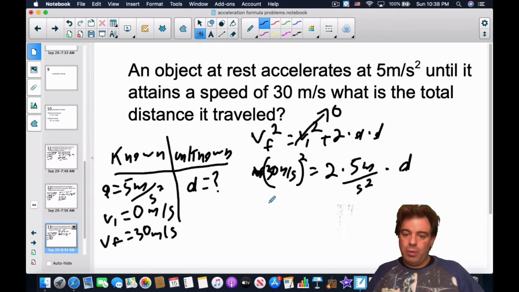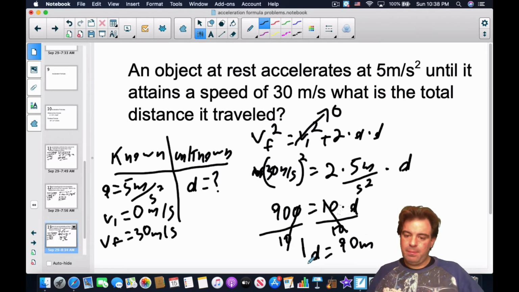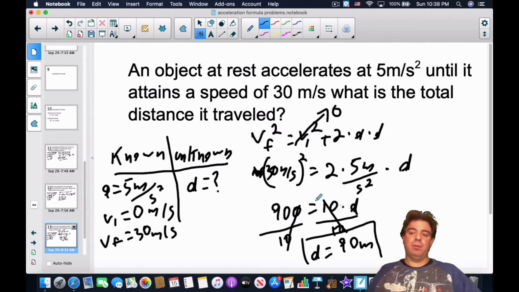So 30 squared, everybody would agree, is 900, and 2 times 5 is going to be 10 times distance. We divide both sides by 10. This cancels out. So we see that the distance is going to be 90 meters. And that's our answer, 90 meters.